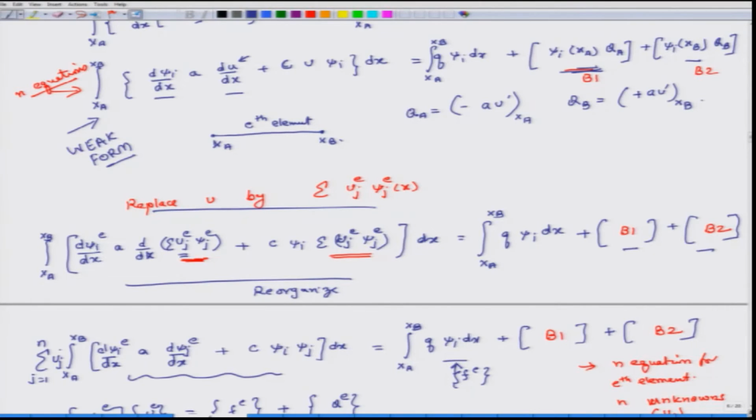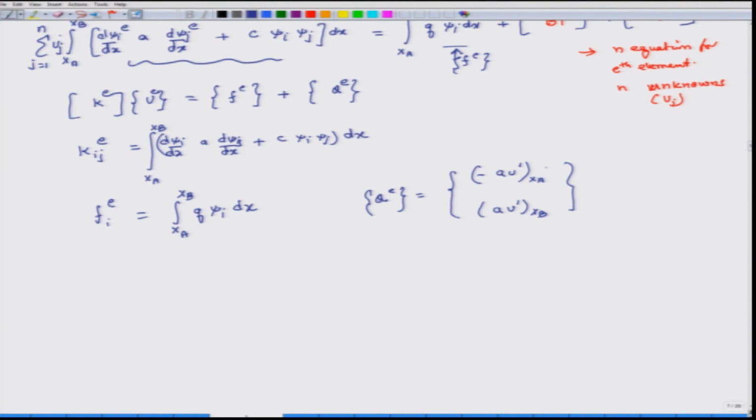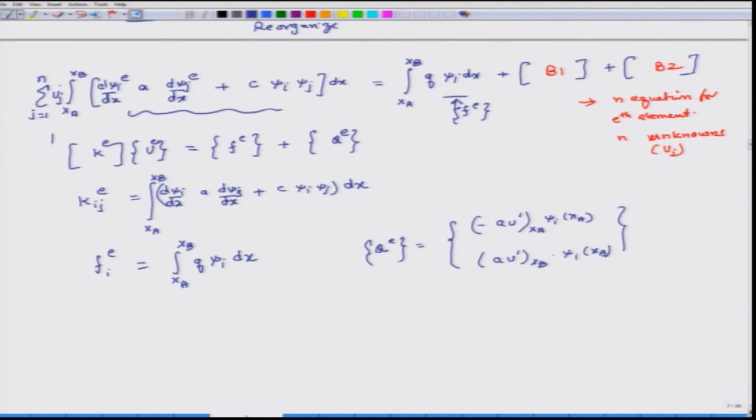So, this is qa and this is qb. Oh, I am sorry, this has to be multiplied by psi I evaluated at x a and psi I evaluated at x b.